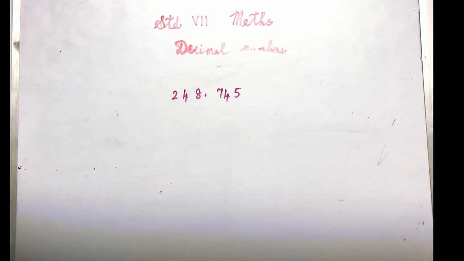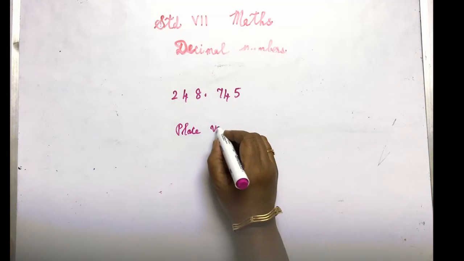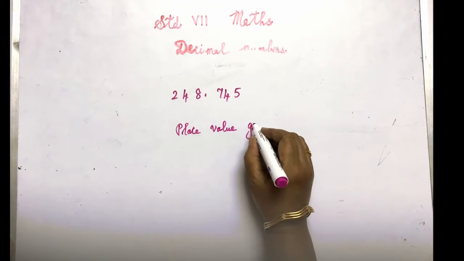248.745. Now we are going to represent this decimal number in a place value grid.